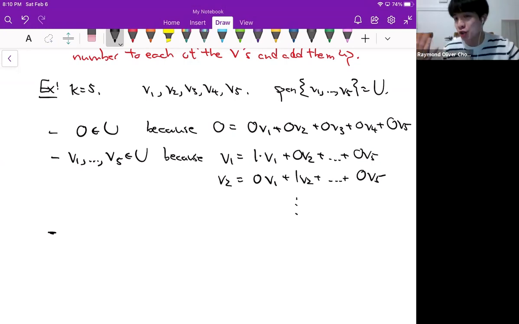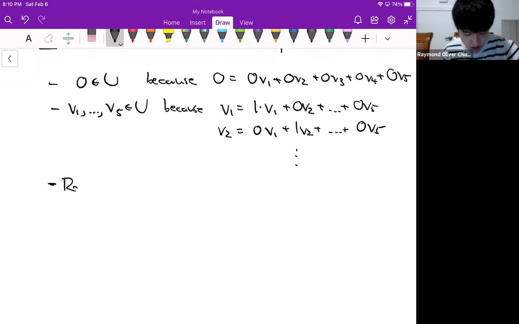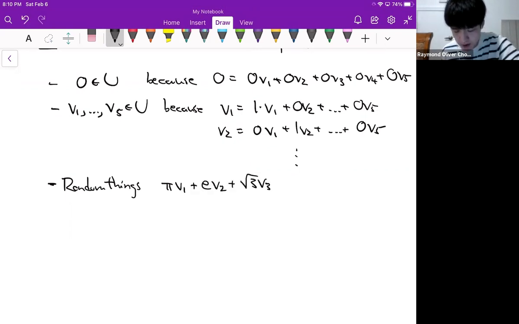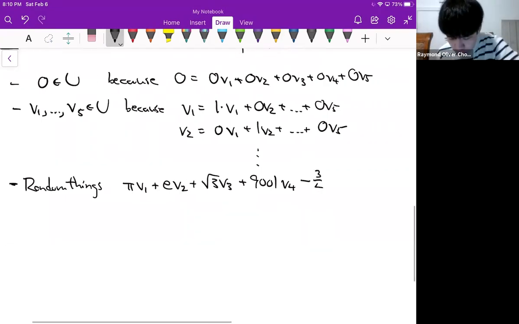And I'll show you what this means pictorially in a bit, but let's do a couple of examples. I'm just going to pick my 5 favorite numbers, right? So pi V1 plus e V2 plus square root of 3 V3 plus 9001 V4 minus, because we've got to put some minuses in there, 3/4 V5.